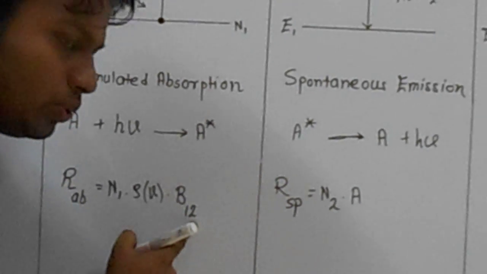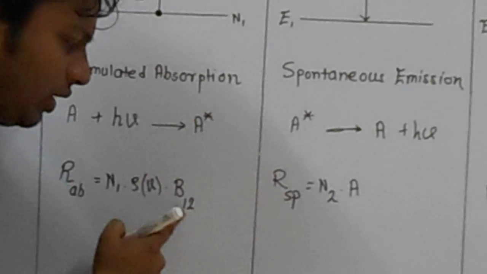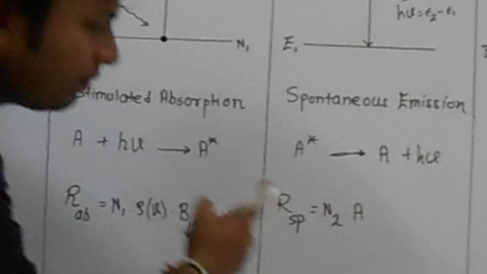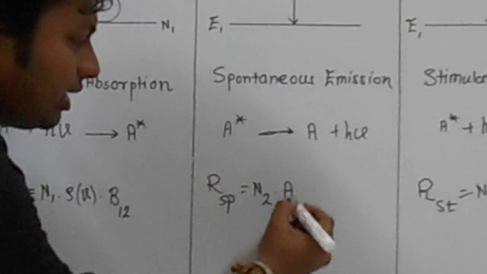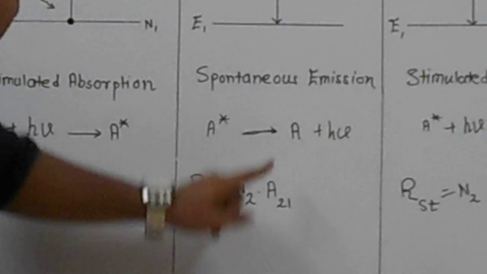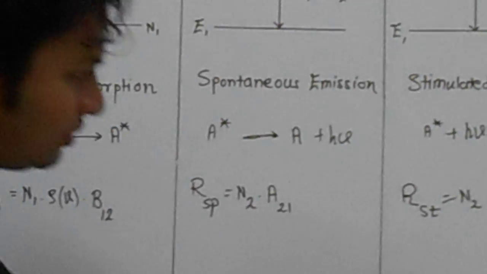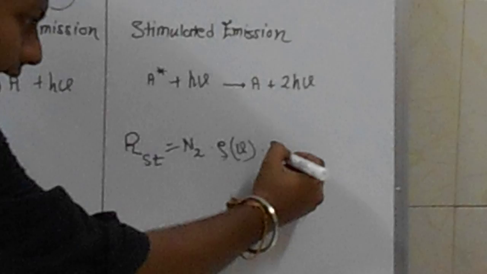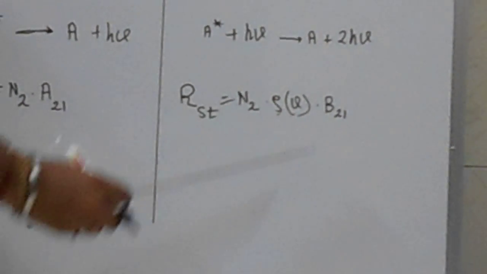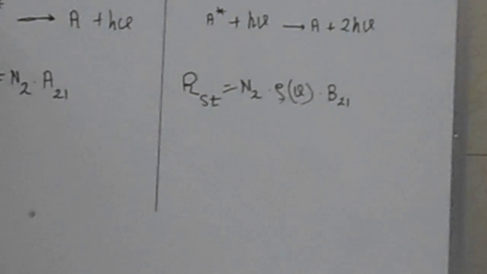So B suffix 12. What is B suffix 12? This is the Einstein's coefficient for stimulated absorption. In the second, that is spontaneous emission, the electron will jump from 2 to 1, so this is Einstein's coefficient for spontaneous emission. And in the third process, an electron will move from second to 1, so this is also an Einstein's coefficient for stimulated emission.